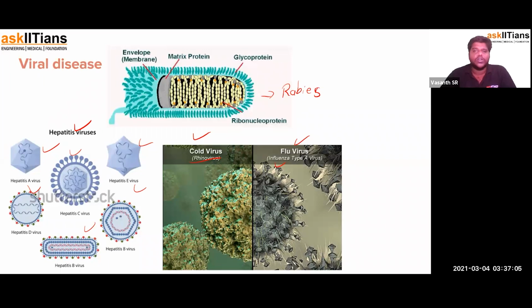We have lots of viruses, especially chickenpox. This is one of the most important examples, and then smallpox. So chickenpox and smallpox are used as examples for viral diseases.